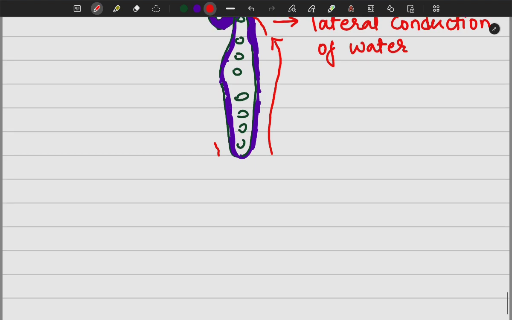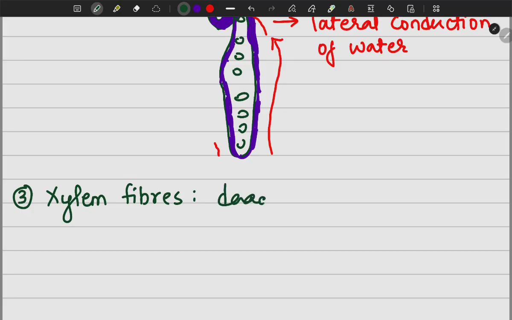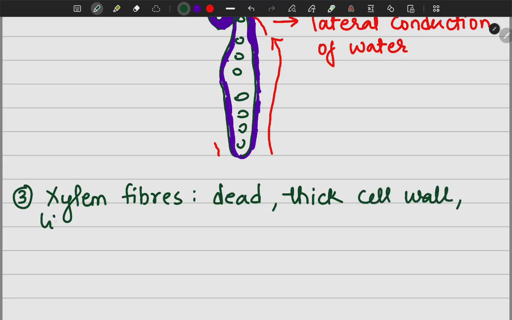Now let us talk about the third part, which is xylem fibers. Xylem fibers are also dead, with thick cell wall, lignified.